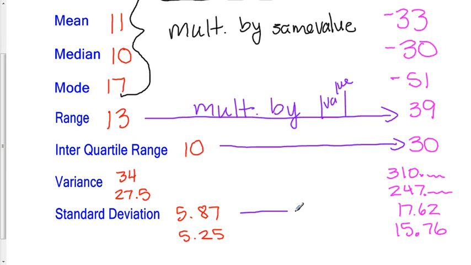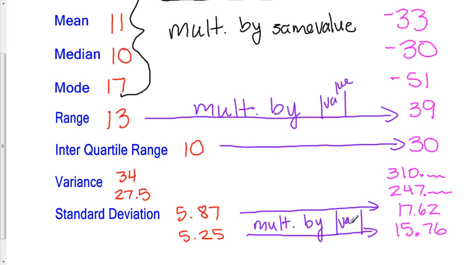And it's the same thing for the standard deviation, population and sample. You just have to multiply by the absolute value of the value.